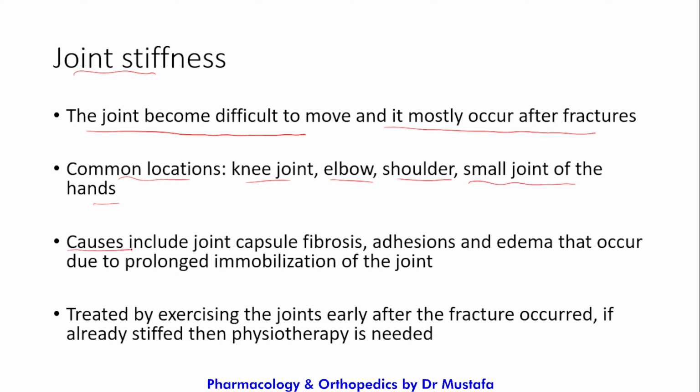Causes of the stiffness include the joint capsule fibrosis, adhesions, and edema that occur due to prolonged immobilization of the joint. The treatment is exercising the joint early after the fracture occurred, and if it is already stiff, then physiotherapy is needed for the joint to get back to normal health.